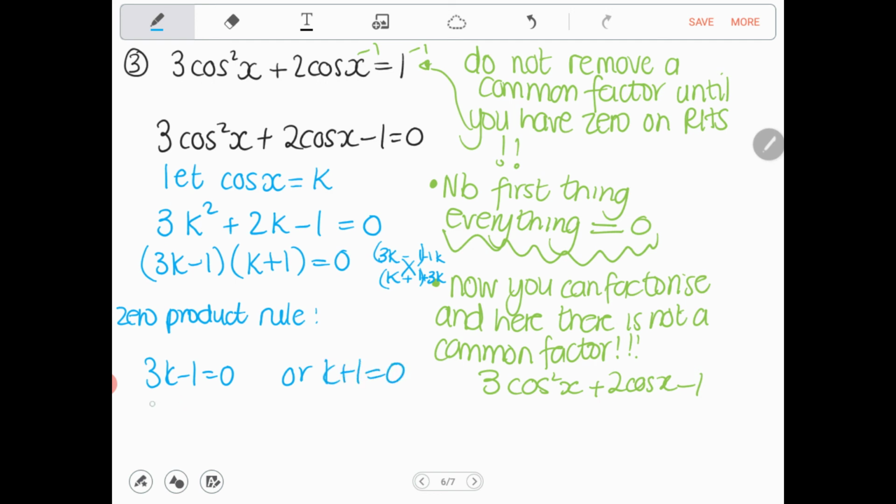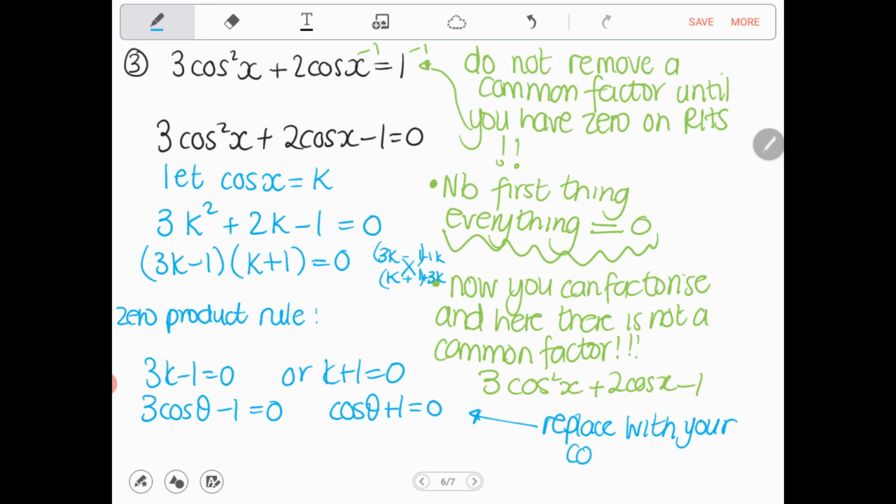All right, but remember that k is actually equal to cos theta, so I'm going to replace it here. Okay, all right, so now we have to solve each factor.